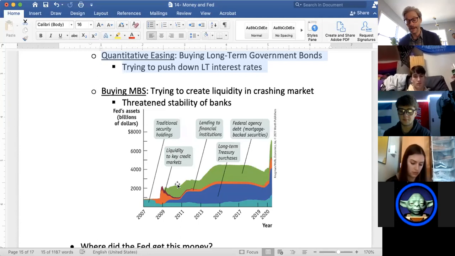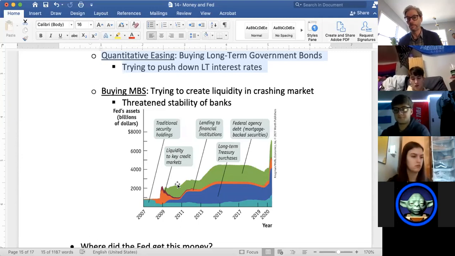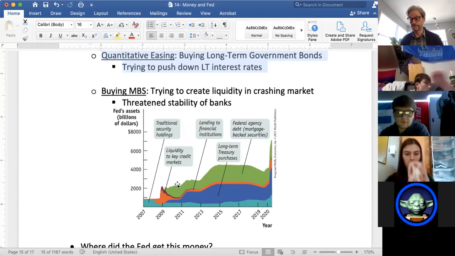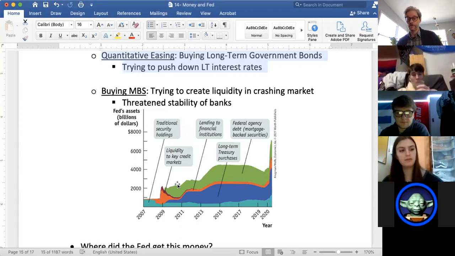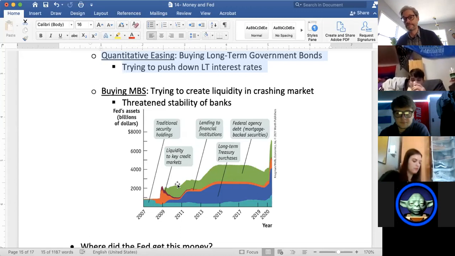So the Fed printed up a lot of money and they bought these assets. And as we're going to talk a little bit more tomorrow, what was the goal? The goal was to try to stabilize markets, right? By providing some demand. Many of these mortgage-backed securities, the demand had just dropped to zero. And so how did the Fed stabilize markets? The Fed went in and bought stuff.